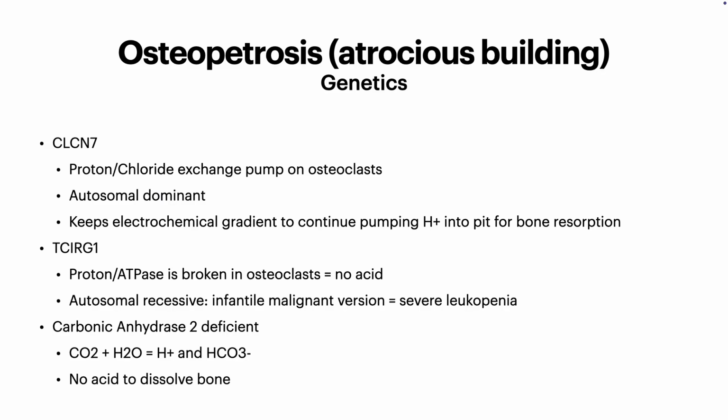They eventually form something called hydroxyapatite. Hydroxyapatite is essentially what your bones are made out of. In order to break that down, you need an acidic environment. So these are the different players that are helping to keep that environment acidic so your osteoclasts can function properly.